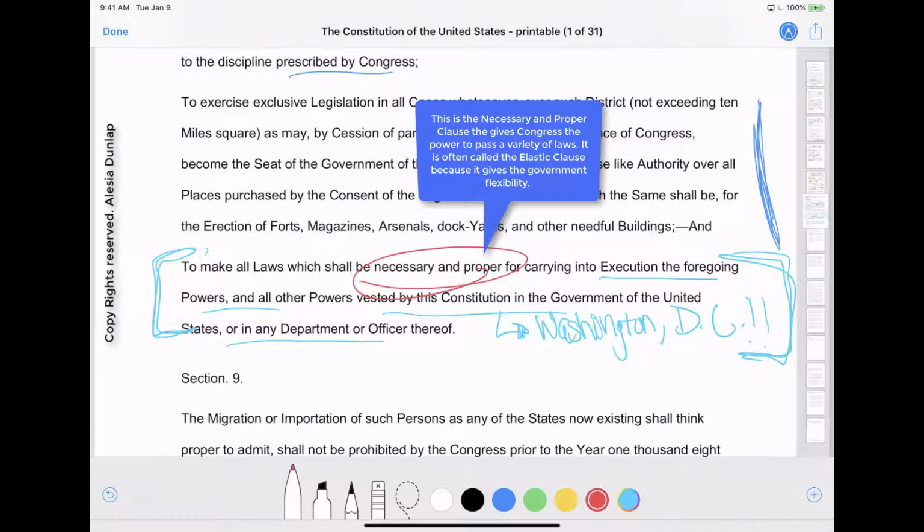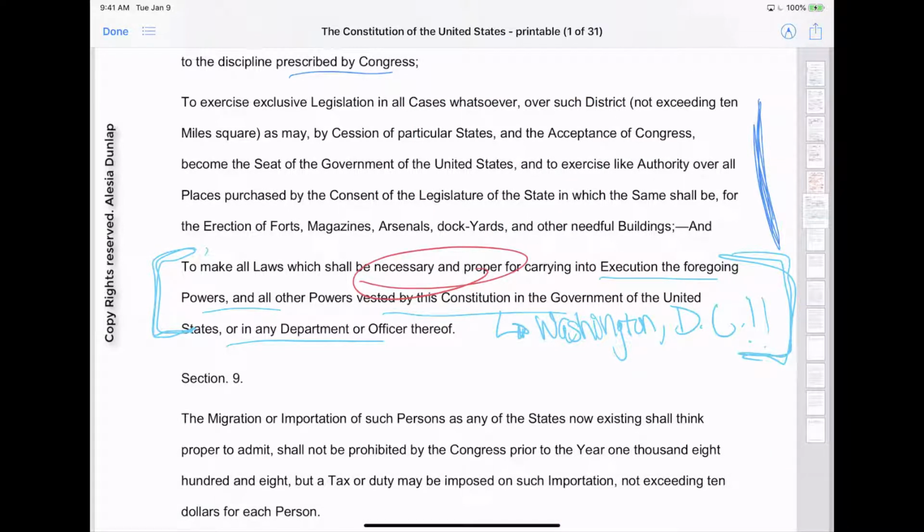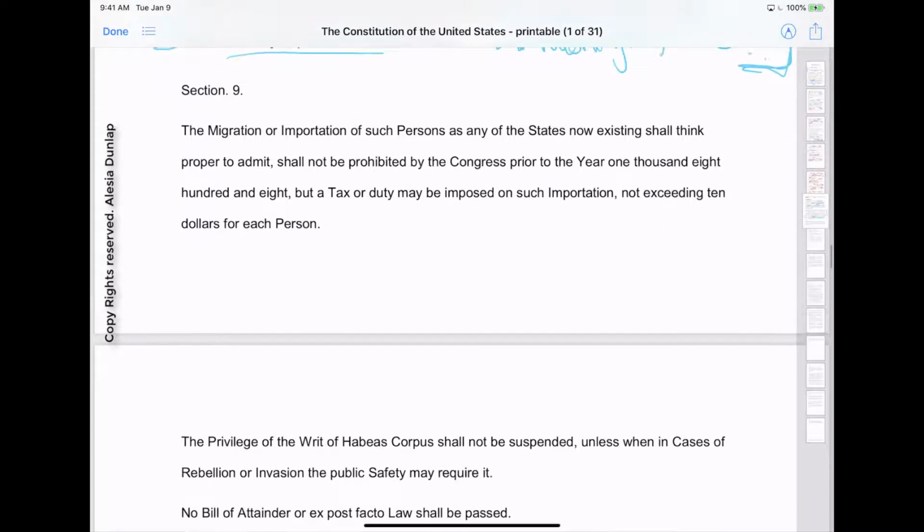So they're like, well, we can't just include everything above it. We got to include everything vested within the Constitution. So now that we know what Congress can do, let's figure out what they can't do. So that's where Section 9 comes in. So let's move on there.